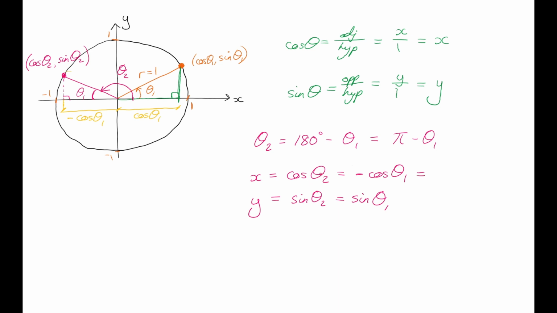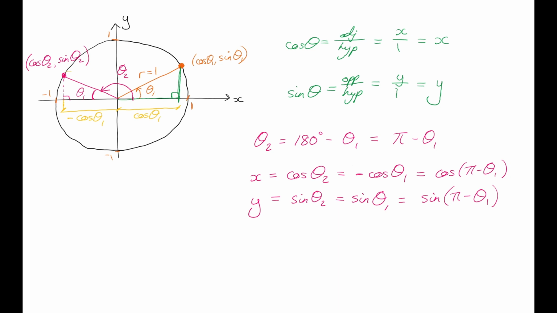So instead of having cos of theta 2, I can write theta 2 in terms of theta 1. This is cos of pi minus theta 1. And this is sine of pi minus theta 1. So these are some useful relationships that you don't need to learn by heart, but just understand how we get them from this unit circle.